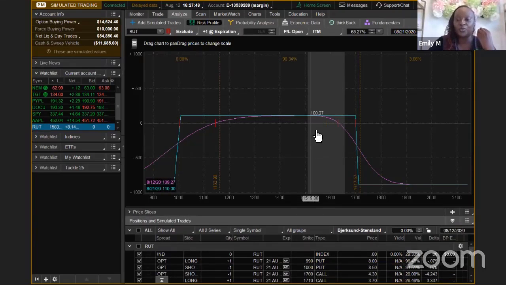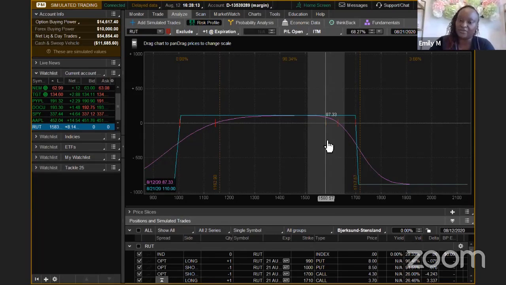Obviously this tells me that the RUT broke out, because the trade is a neutral trade and you want it to stay within a certain price range and not go above this price point. As I'm looking at this, it's obviously threatening my bear call. My bull puts are fine. My bear calls are what are being threatened. But I've already collected 85 of 110 total credit.